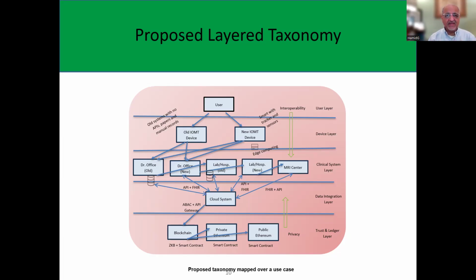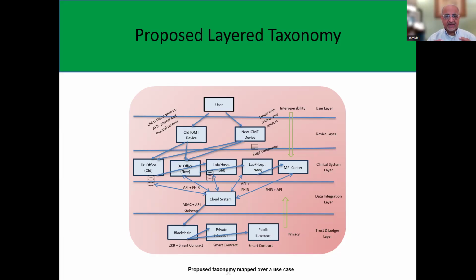They may not have data security or privacy; although it's secure in somebody's system, it can be hacked. So how can you protect it from a privacy perspective? That's the key. As you can see, it becomes very complex between the old and new devices and systems.